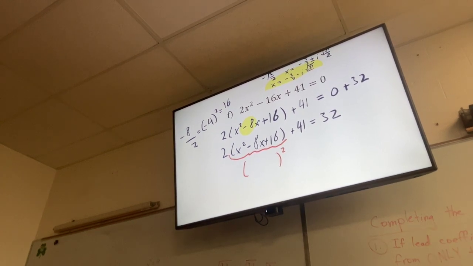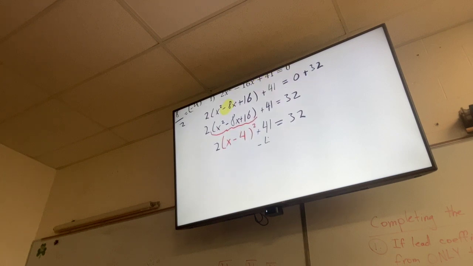It's going to be x minus 4, right? First term's always an x. The second one is that yellow highlighted number divided by 2. Okay, so I have 2 times that. Plus 41 equals 32. Okay. At this point, we're finished completing the square. Now we can just go ahead with our square root property.